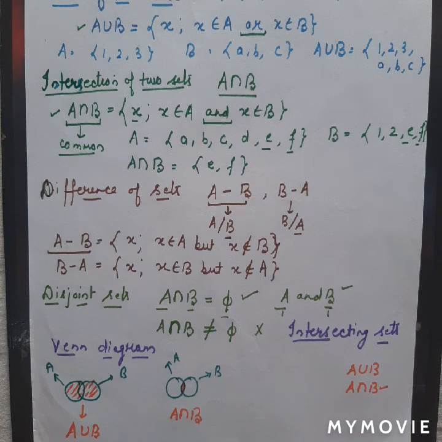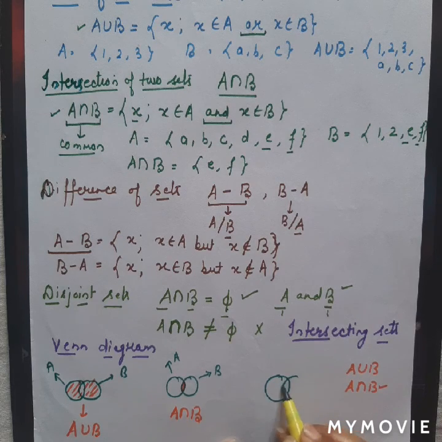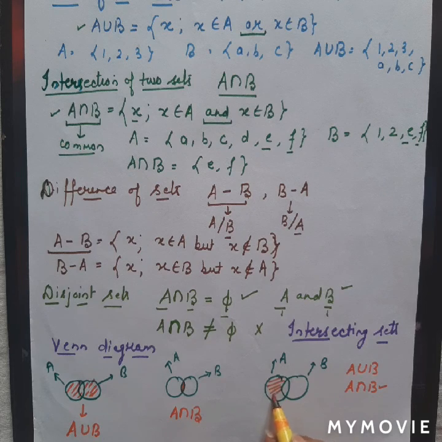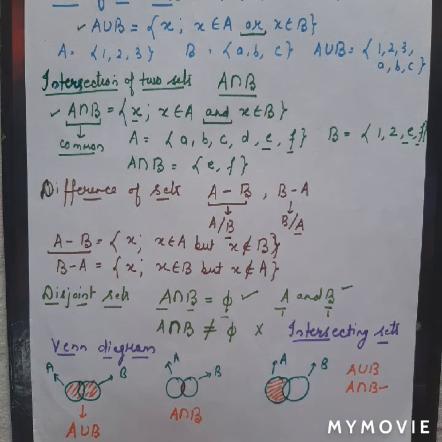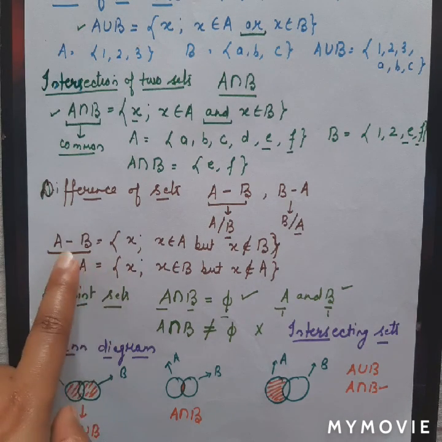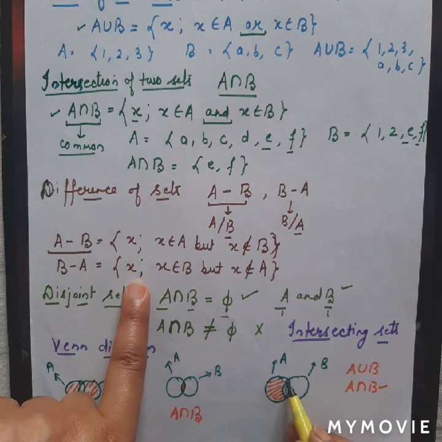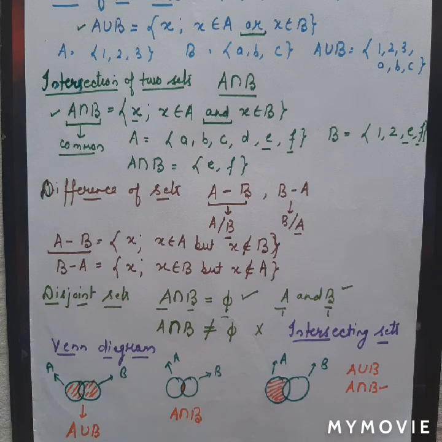Fine. Again, we had done difference of sets. Let us consider sets A and B, and now I am considering only this area. So this will be called what? We are subtracting B. We are subtracting complete B. This portion is blocked.